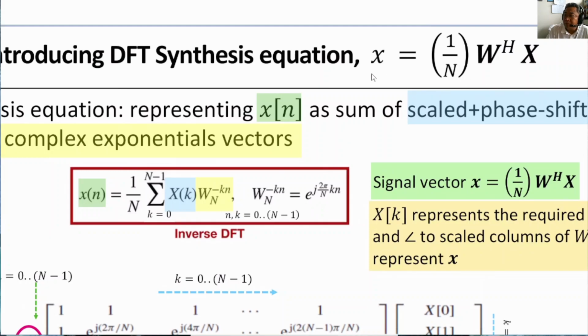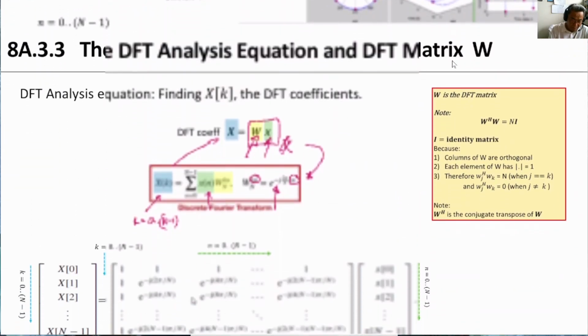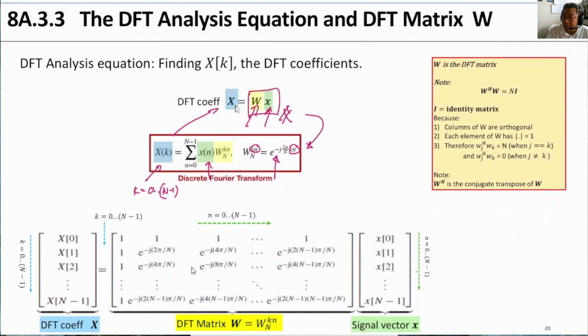So, in brief, the difference between the DFT analysis and synthesis equations is this. In the synthesis equation, we are trying to get back our vector x, the time sequence, from the frequency representation X, left multiplying by the inverse DFT matrix, scaling by 1 over N. In the analysis equation, we are trying to get the frequency representation, capital X, given the time sequence vector x, by left multiplying by the DFT matrix.